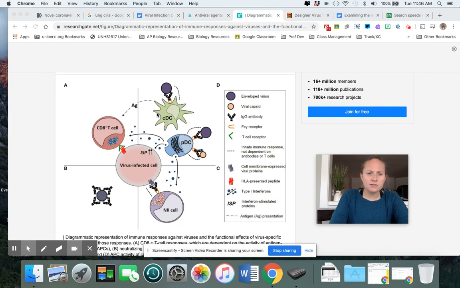So they're like alerting your white blood cells. And all these other cells around this virus-infected cell are different types of white blood cells. Okay? And then you see these little Y-looking things. Those are antibodies. You've probably heard of antibodies before. The whole purpose of getting a vaccination is to make specific antibodies against your virus.